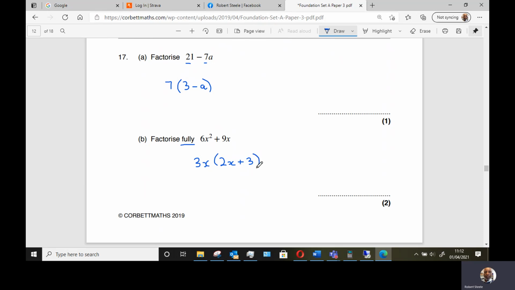So this is the answer that would get you full marks.